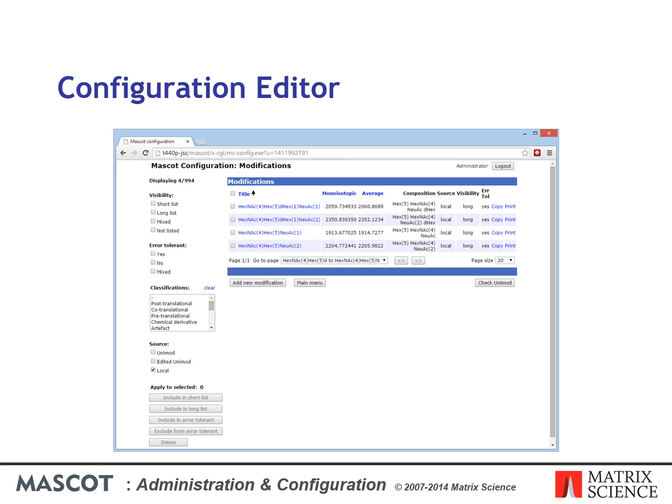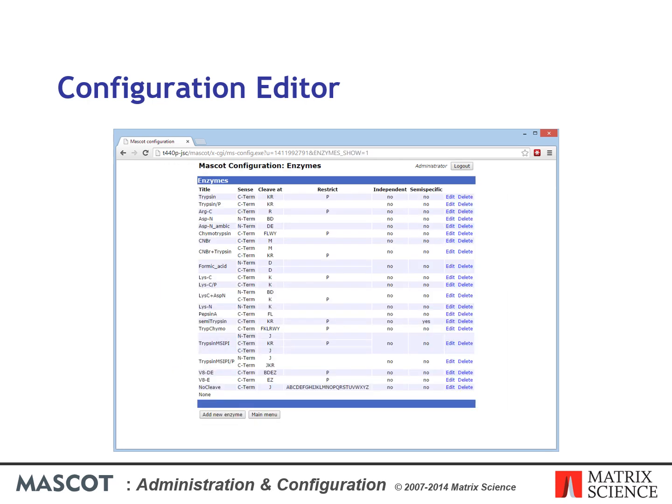The top level page allows you to filter the listing. Here, we have checked the box to show only local definitions. Similarly for enzymes and instruments. The other sections, Quantitation, Database Manager, and Security, have been touched on in earlier presentations.